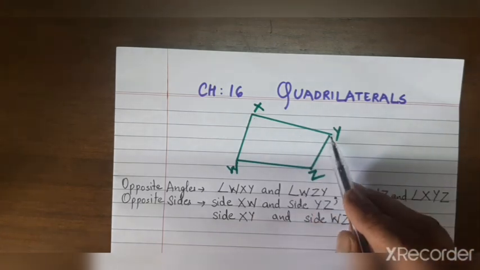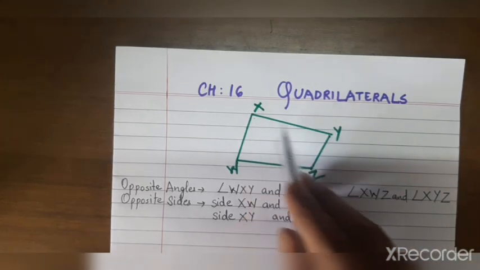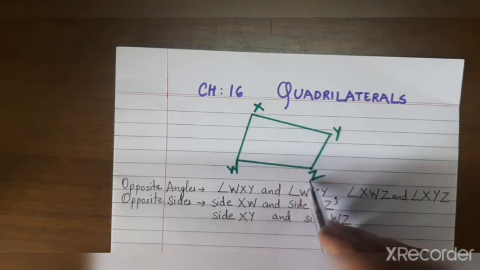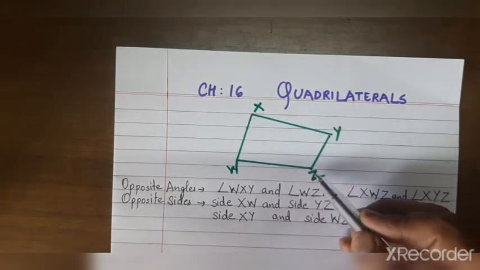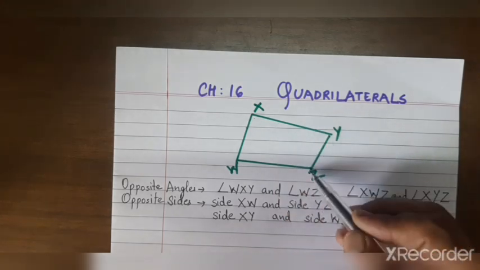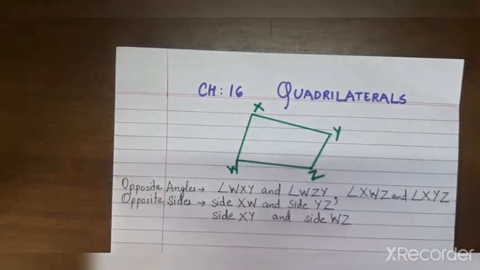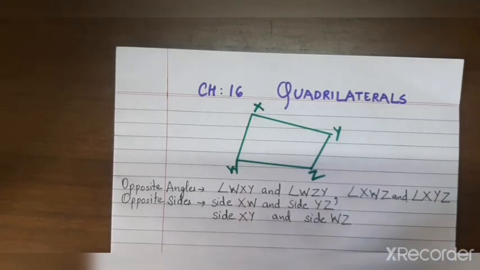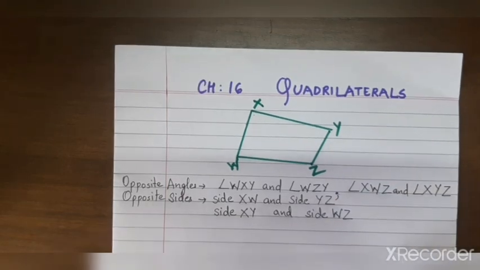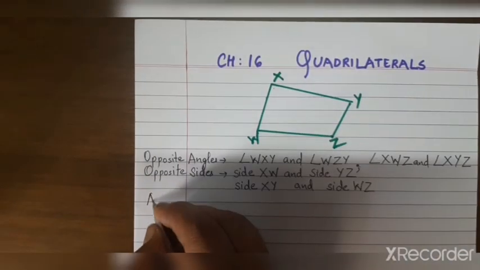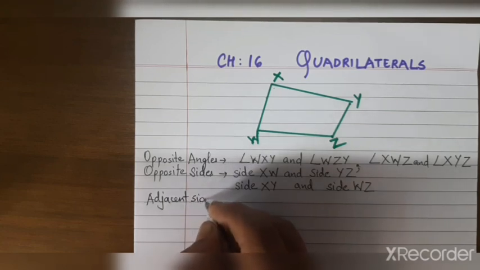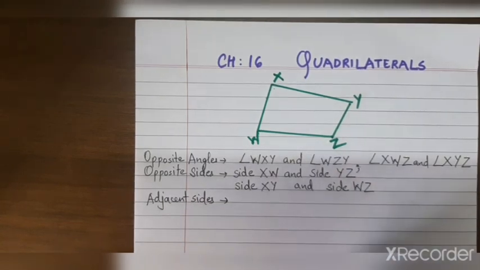Second, if I take vertex Y, XY and YZ, these 2 are adjacent. If I take vertex Z, then ZY and ZW. If I take vertex W, WZ and WX.